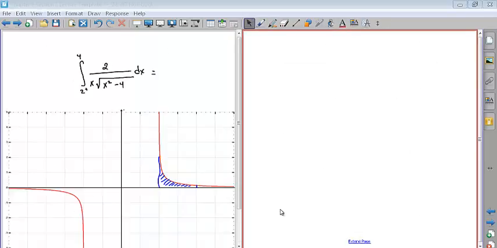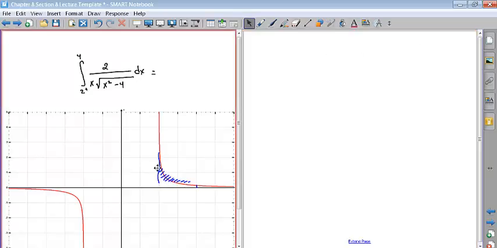Okay, we've got 2 more problems to go through here. This is one of these where the function goes to infinity at x equals 2, because you'll have 2 squared, which is 4, and 4 minus 4 is 0.